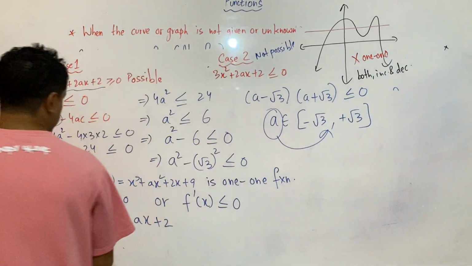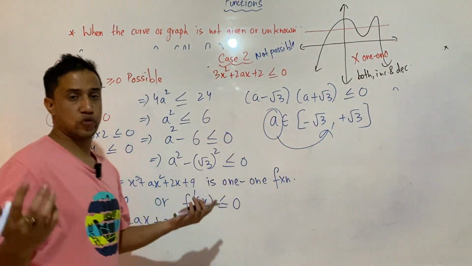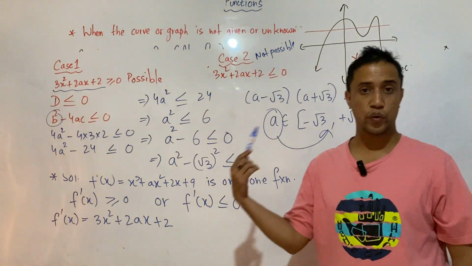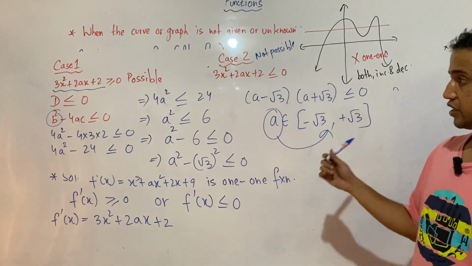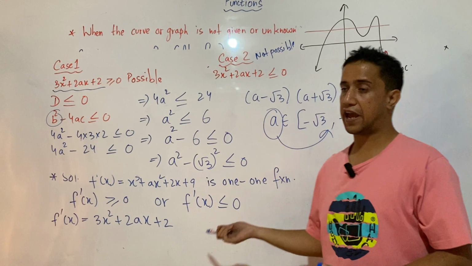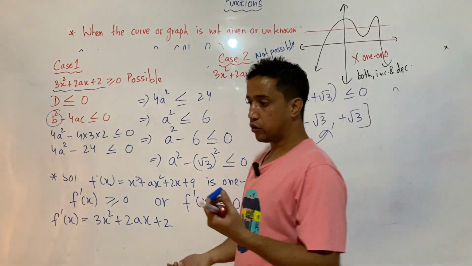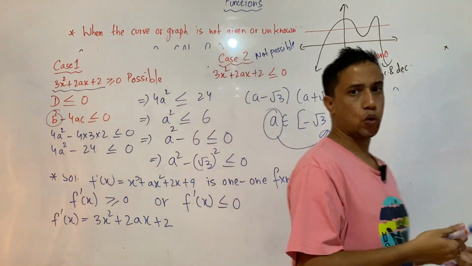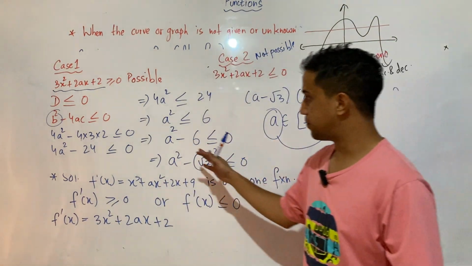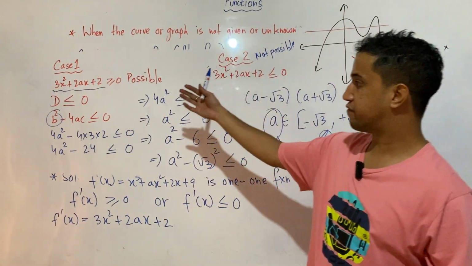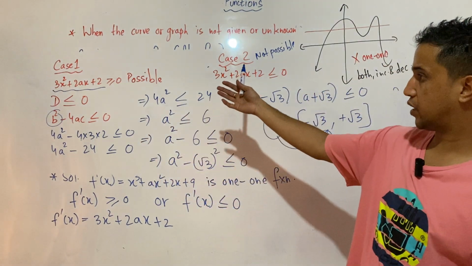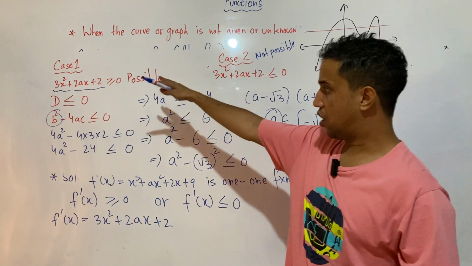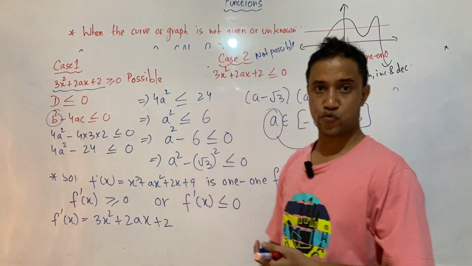So this is how you have to do it when the graph is unknown or the graph is not given, then you can rely on the derivative. Just find the derivative, and we know that it has to be less than or equal to 0 or greater than or equal to 0. We did the same thing here, and then we figured out the theory of quadratic.